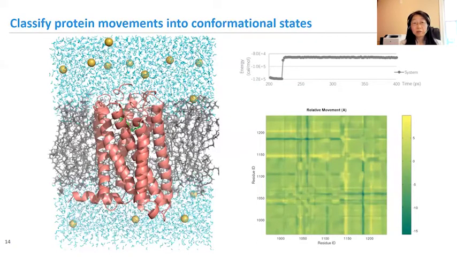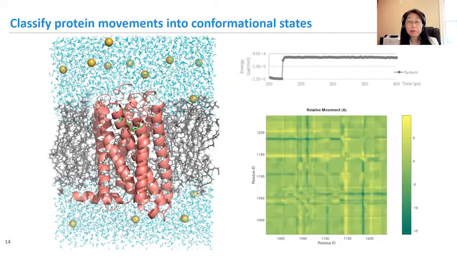In this membrane protein system, we embed the protein into the lipid bilayer, saturated system on both faces with water, and add the ions at physiological conditions to simulate the biological environment.